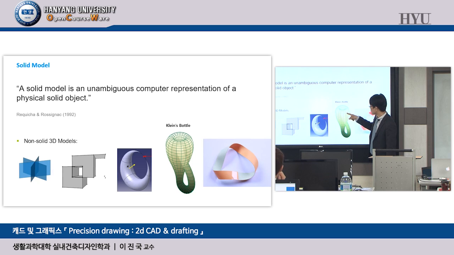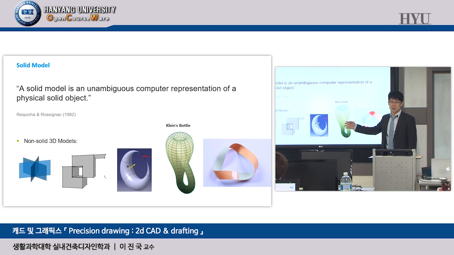Take a look. Which is inside and which is outside of this object? Okay, if this is outside, take a look. This is going to change to the inside of the surface if you follow the surface line, okay? So this one doesn't have an inside or outside, okay?